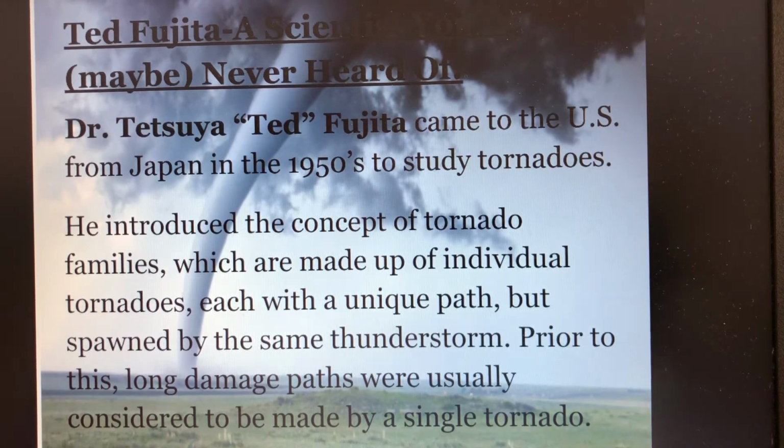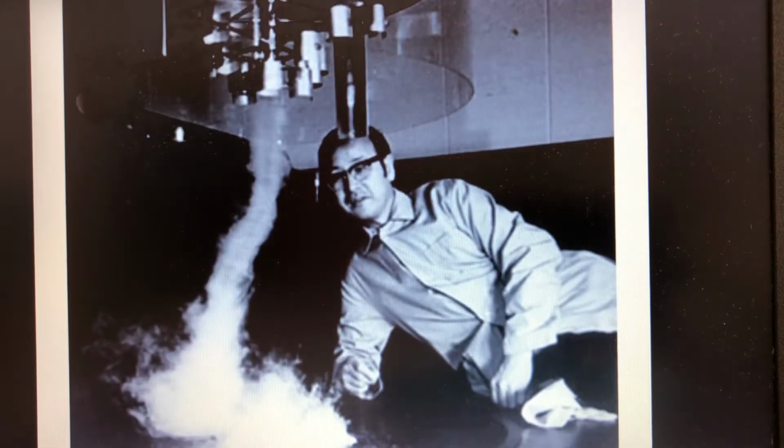Before, people thought tornadoes were one and done. But he found out that there's more than one tornado in a storm, and each has its own unique path inside of one thunderstorm. Prior to this, all the scientists thought there was like one big, huge tornado that did all the damage.